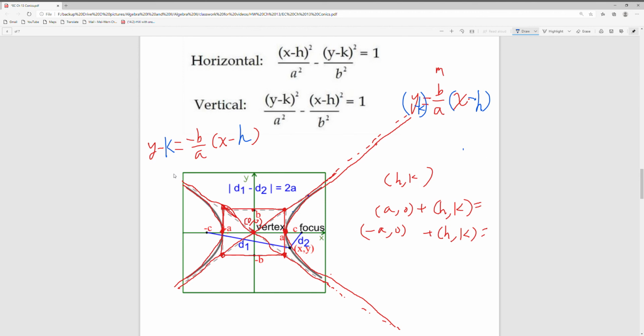Then you can easily find the new asymptote. I think our homework for ellipse may ask you to have new center HK, but for most of the questions on hyperbola probably the center will be 0, 0 because probably it's too hard for the students. But if you understand all the concept, I consider it's actually not that hard.